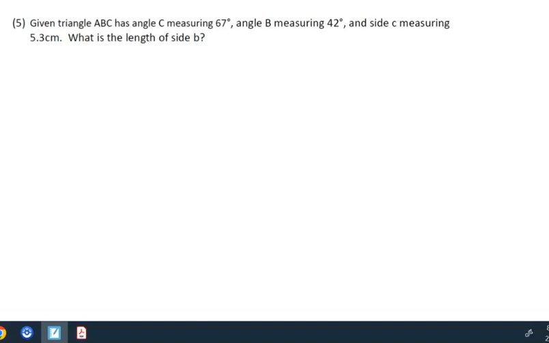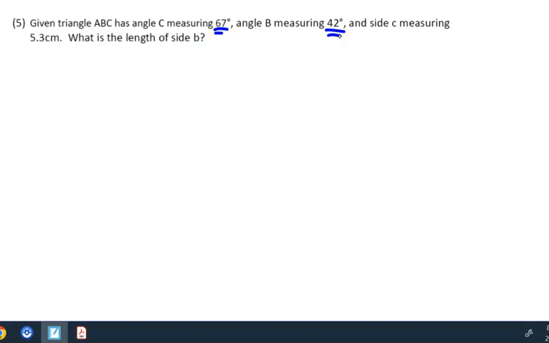In problem 5, draw a triangle ABC. We are told two angles, one side, and we're looking for a side. So keep in mind, anytime you're given two angles, you actually are able to find all three of the angles.